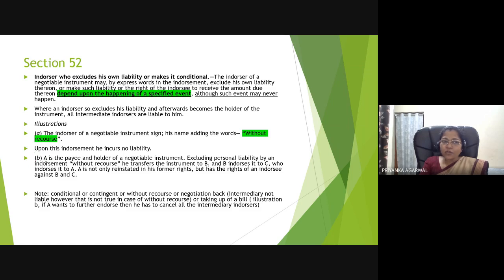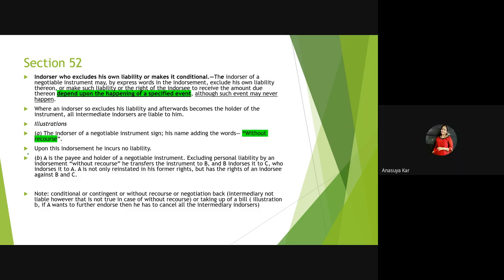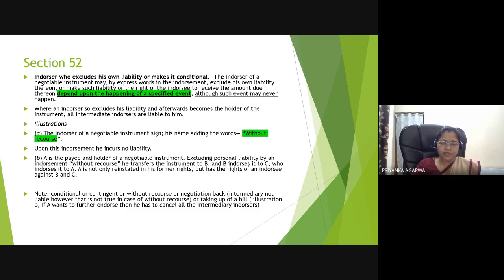because B and C also could say that B has received this instrument from A, but since A has mentioned it without recourse, B and C cannot take action against A. Ma'am, can more than one person take the plea of without recourse in one transaction? Yes, they can do that. There is no such restriction, but the other person has to accept that instrument.